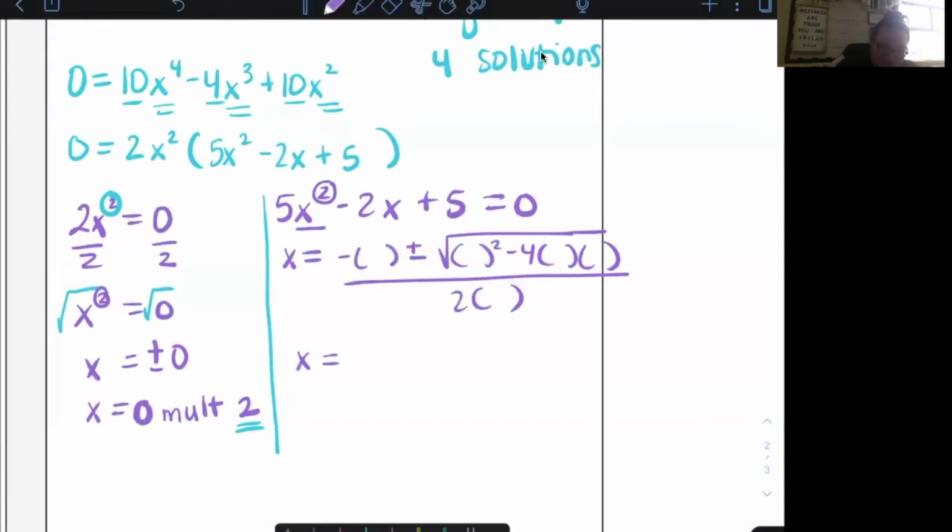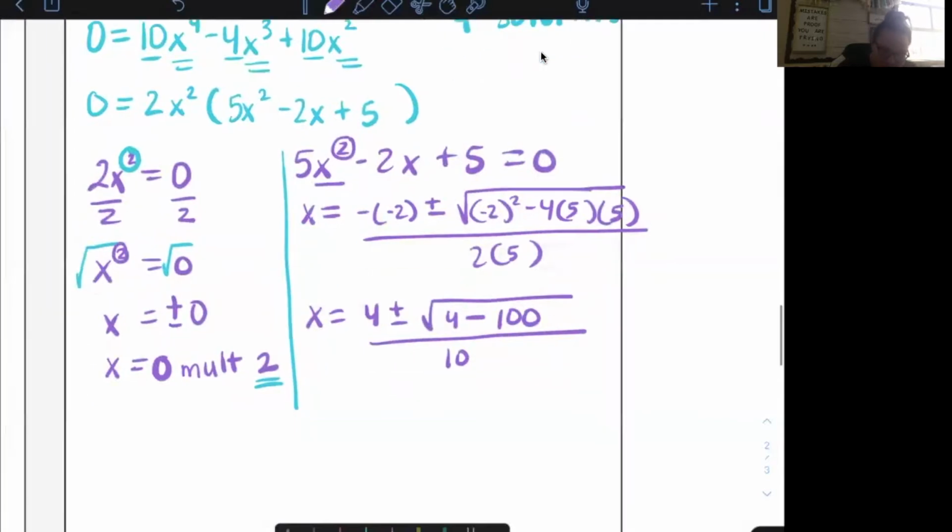So I'm going to get the negative of b, which is, oops, just kidding. Why didn't I just fill this in? Negative 2. I'm going to fill in a and c. So the negative of negative 2 is 2. Negative 2 squared is 4, minus 5 times 5 is 25, times 4 is 100, all over 10.